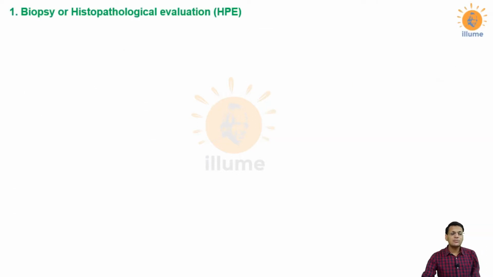The first one is biopsy or histopathological evaluation. If I split the word HPE, histo means tissue, pathological is pathology, that means a disease, and evaluation means to evaluate. So evaluation of a diseased tissue is called biopsy.